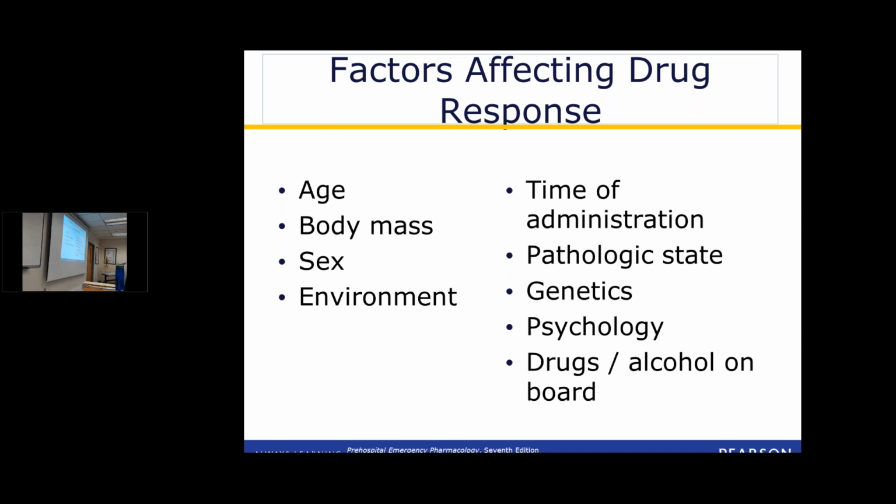Who do we say are most prone for age? Pediatrics and geriatrics, right? So two different age groups. Body mass, what does that mean? Weight, right? Somebody that is very, very frail, a little 74-year-old lady that's very frail, does she need 100 mics of fentanyl starting out of the gate? Probably not, right?